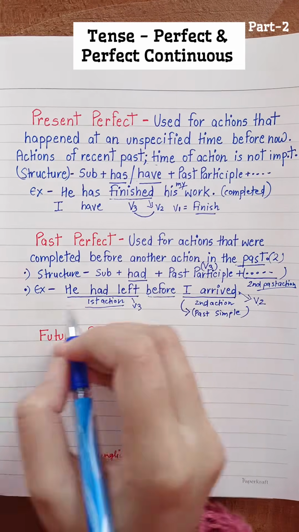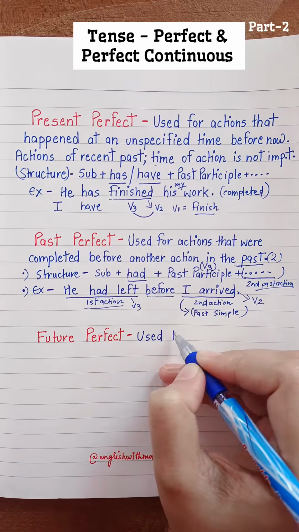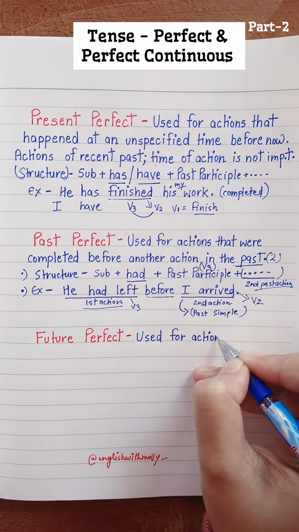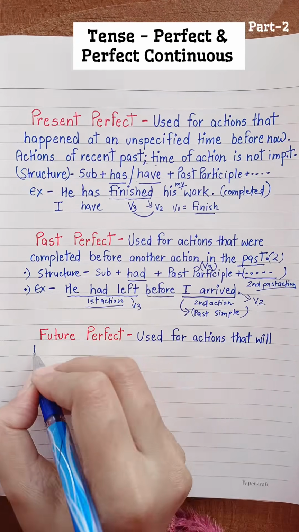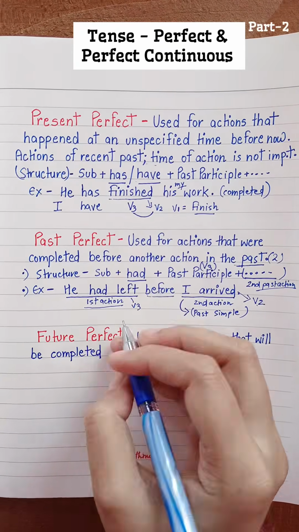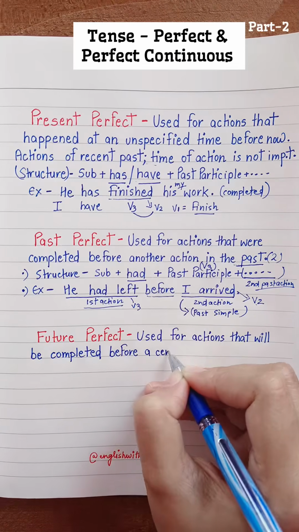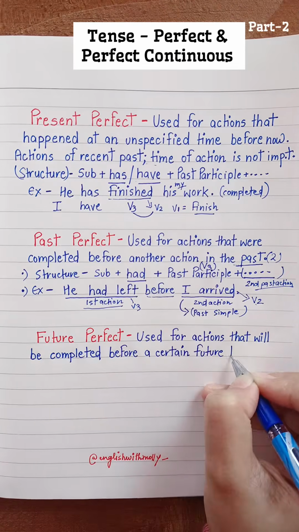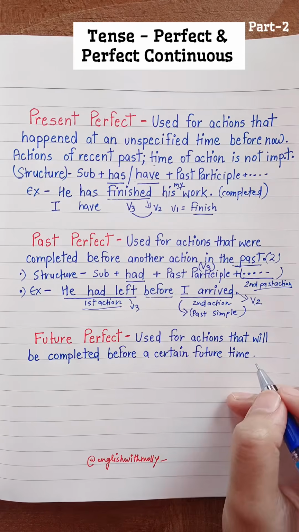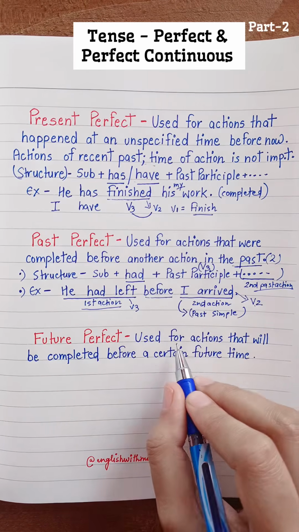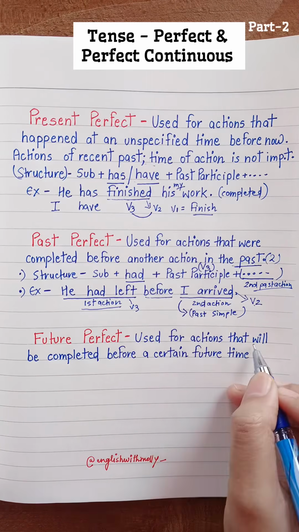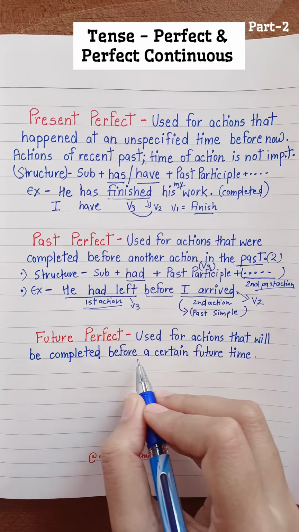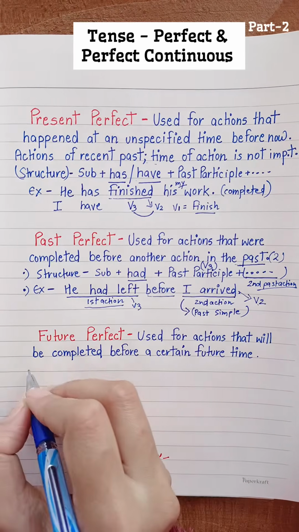Now let's move to future perfect tense. Future perfect tense is used for actions that will be completed before a certain point of time in the future, a certain future time. Let me come again. Actions that will be completed before some point in the future.